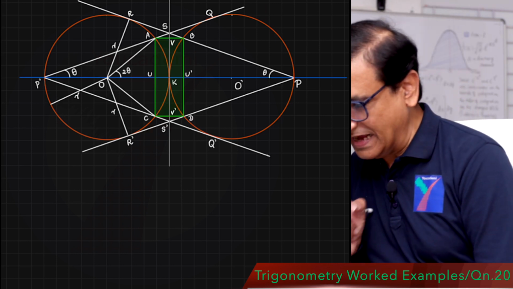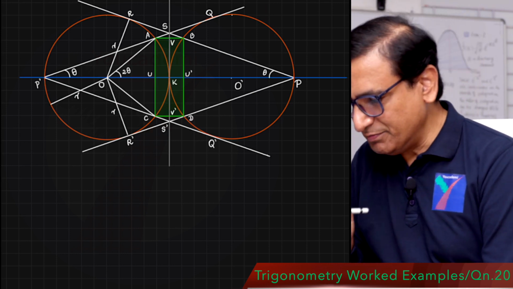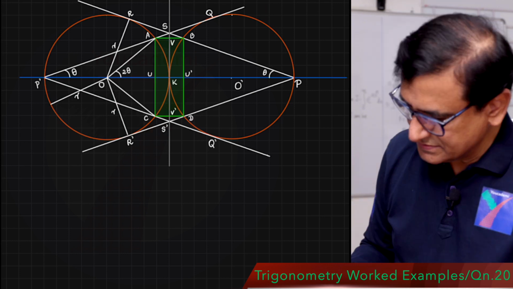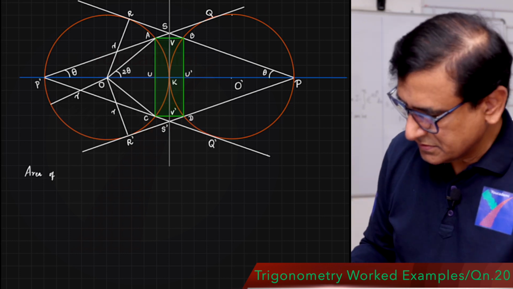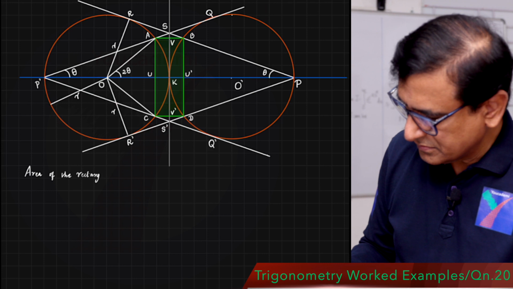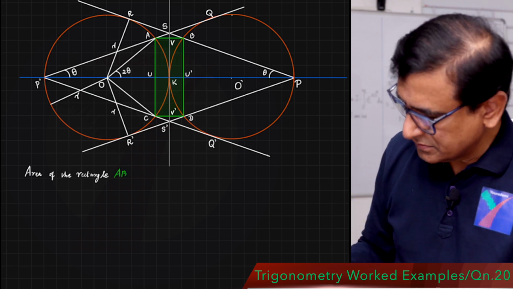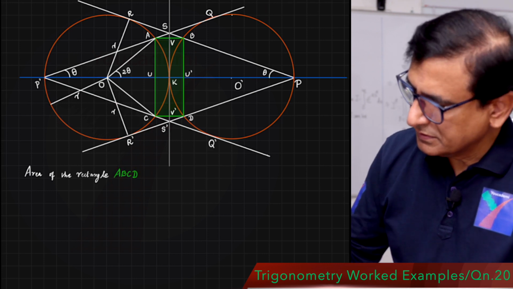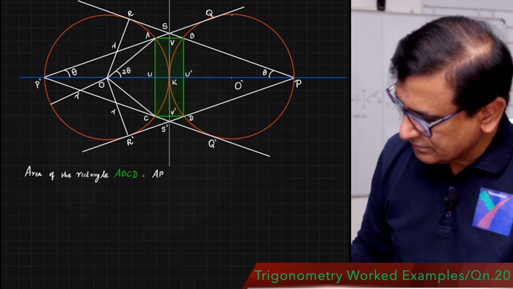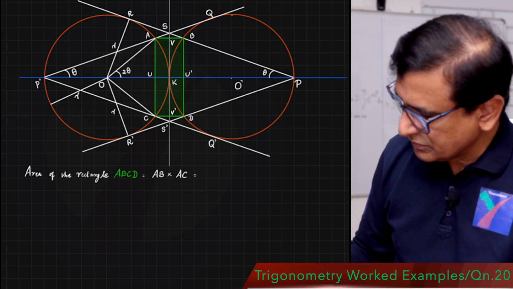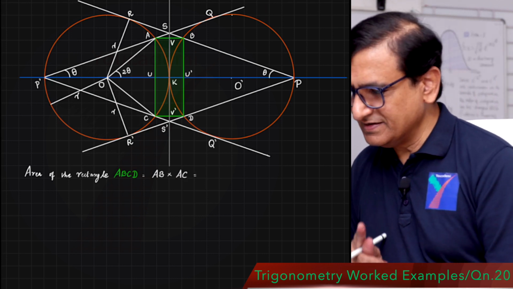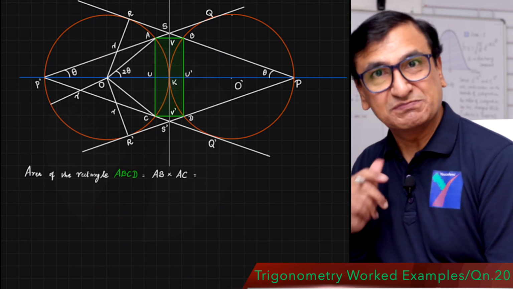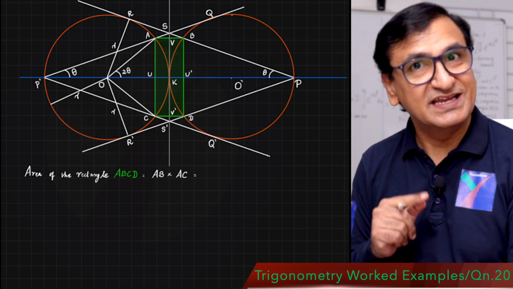The area of the rectangle would be AB multiplied by AC. Now, we said that the line S prime is a bisector of line AB.